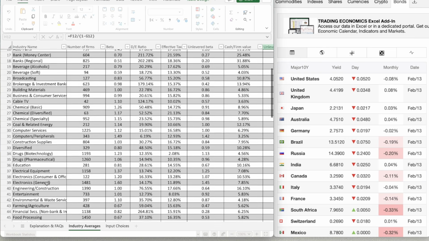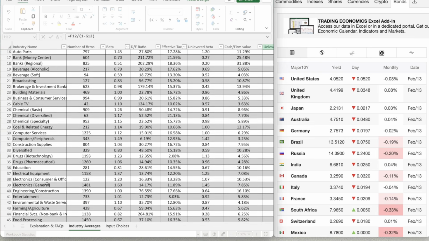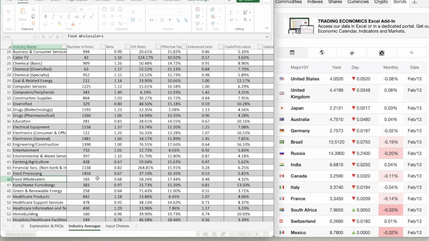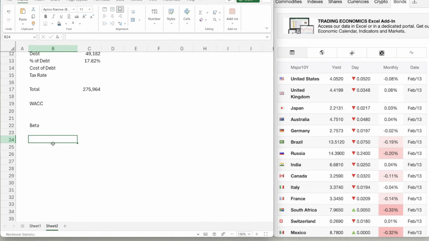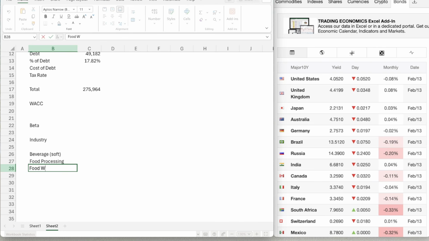And then we would go food wholesaler, probably. And then food processing might be the bottling. So 3 different industries we'll look at: beverage soft, food processing, food wholesale.